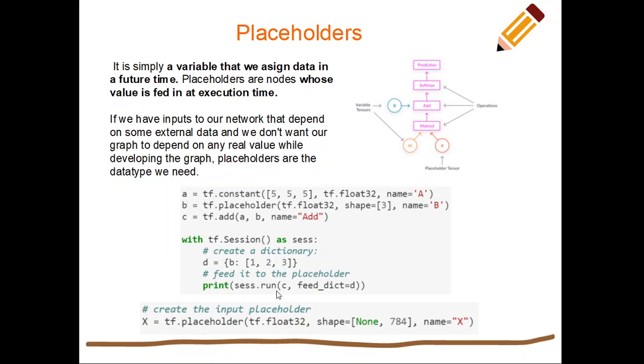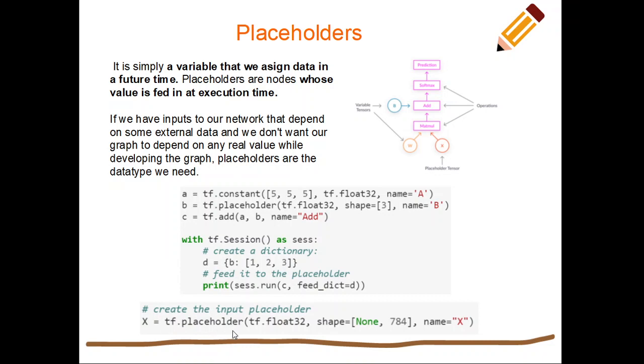So now here we are running the session, and we are saying that okay, this is my graph, and then my feed dictionary is equal to d. So I am giving this definition. So what it is going to do is replace b by this particular value, so it's going to add up a and b. Okay, a and b addition, and the data is going to be 1 to 3. Okay, vector of 1 to 3.